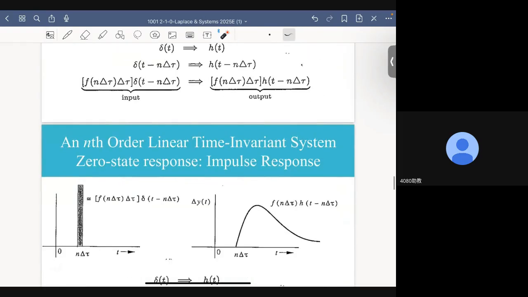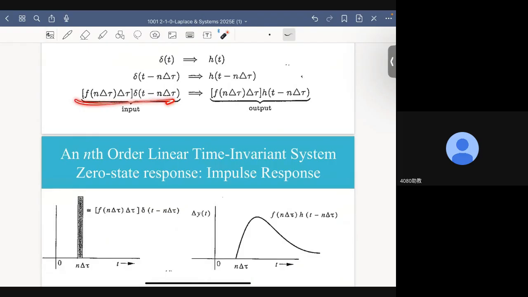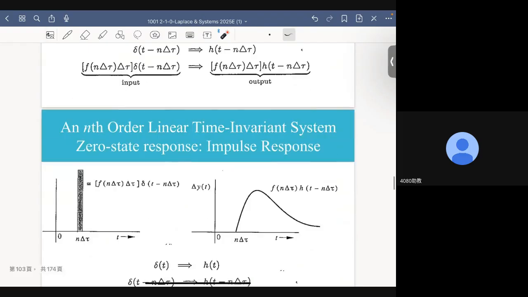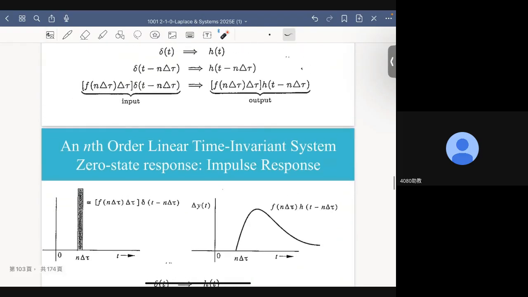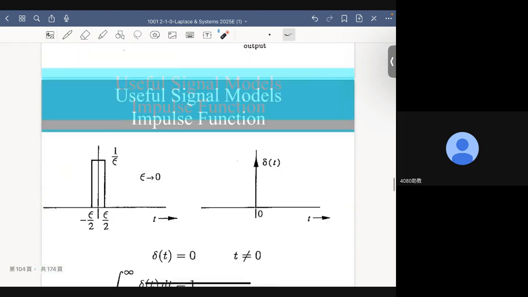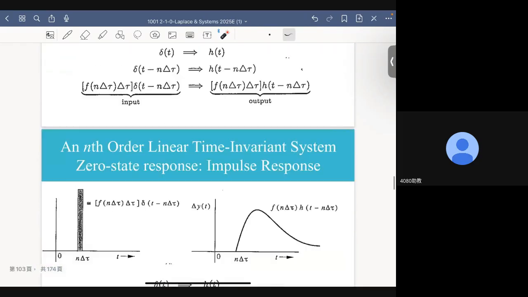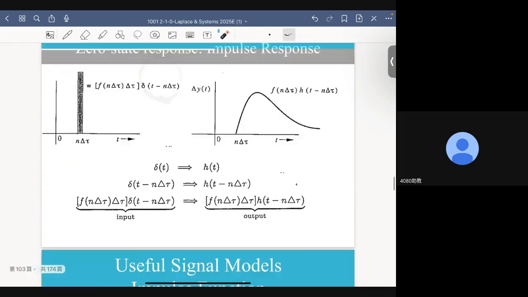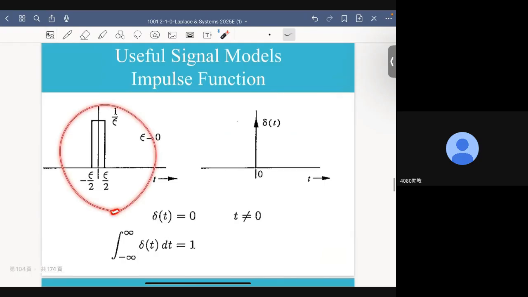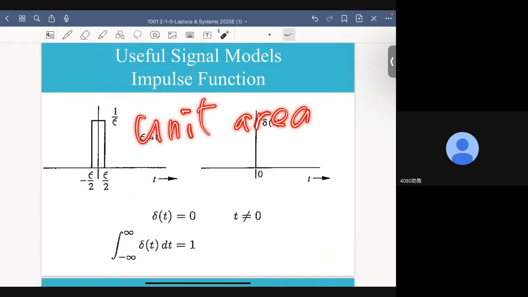Now, why do we want to do that? Why can we multiply delta tau with the area of this rectangle? Because the delta function itself is a signal of unit area.